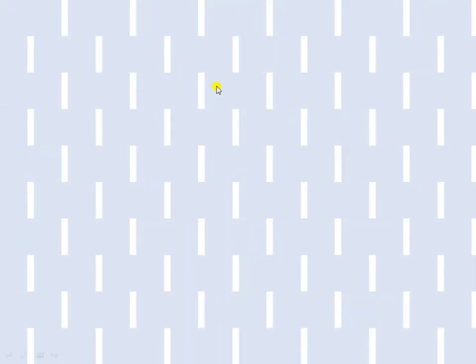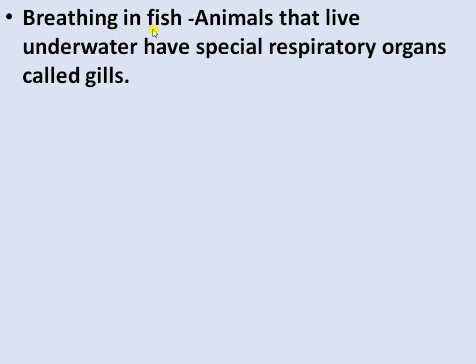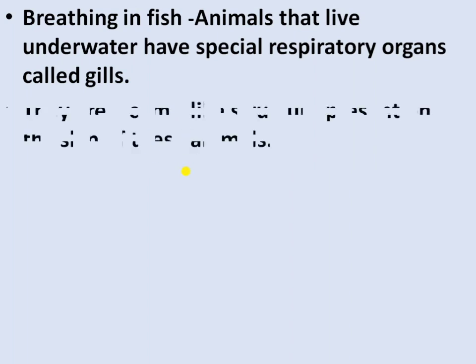Next, moving on to the next topic, that is breathing in fish. Animals that live underwater have special respiratory organs called gills. Fish are aquatic animals and have the special structure called gills for breathing in water.